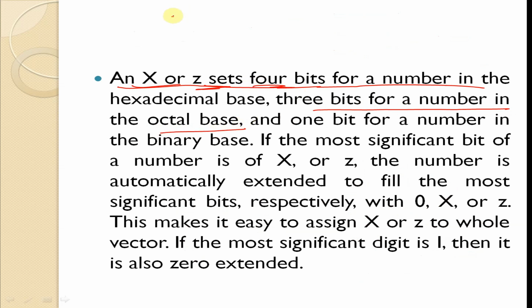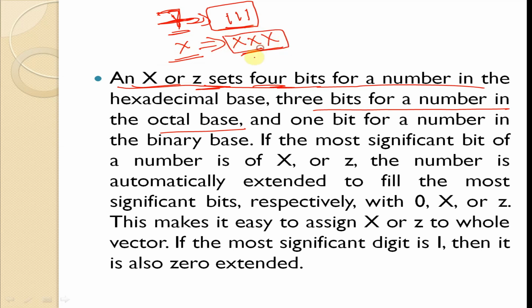For example, if we have an octal number 7, we cannot have 8 in octal, then in binary it is equivalent to 111. So it is equivalent to 3 binary numbers. So if we have an unknown in an octal number, then it is equivalent to 3 unknowns. Like this we have to examine, and 1 bit for a number in binary base.